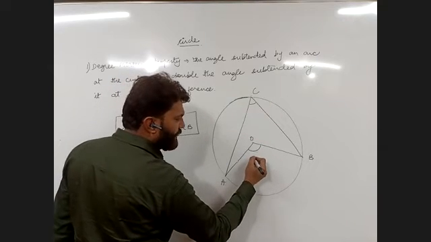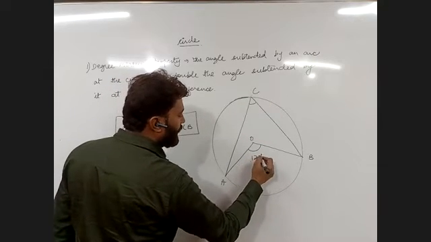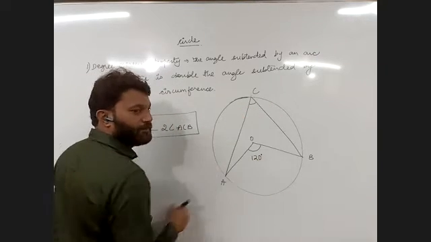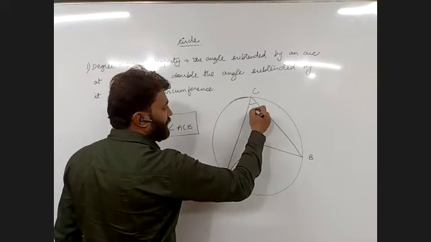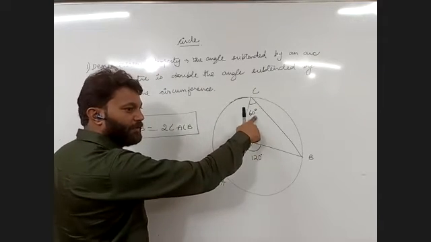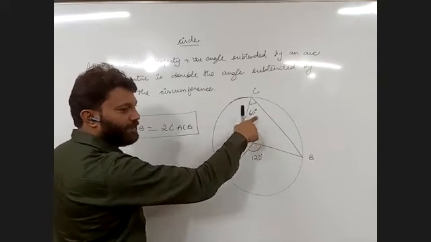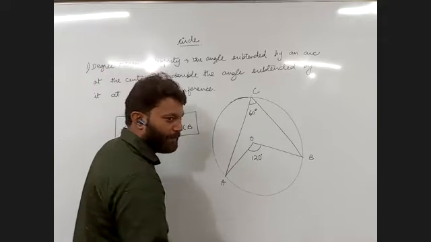For example, if this is 120 degrees, this angle will be 60 degrees. If this is 80 degrees, this will be 40. If this is 20 degrees, this will be 10. Am I clear with this?